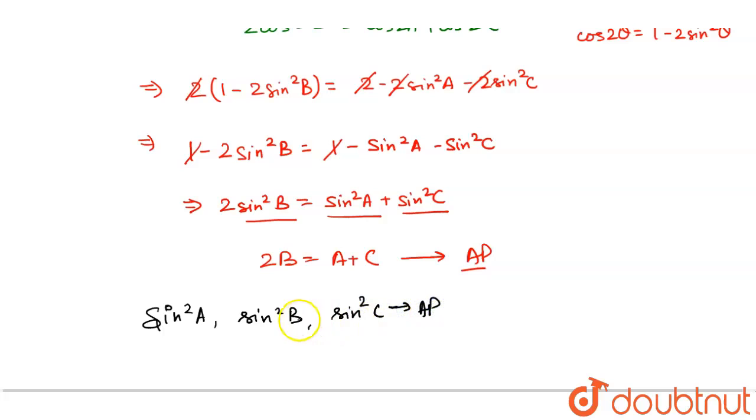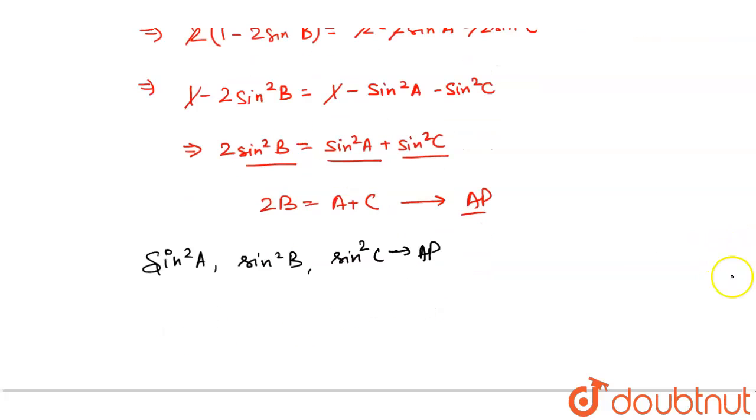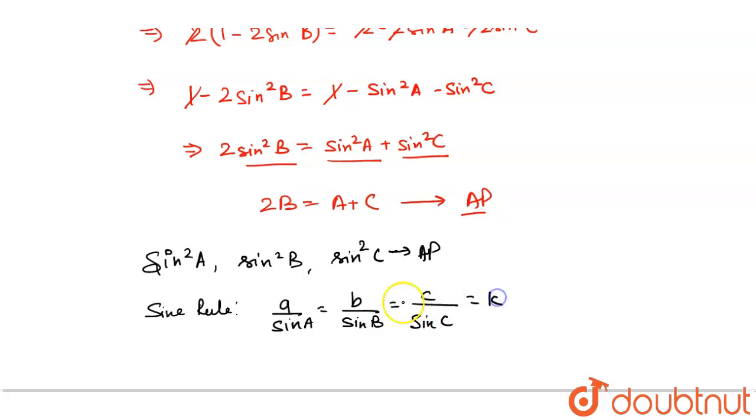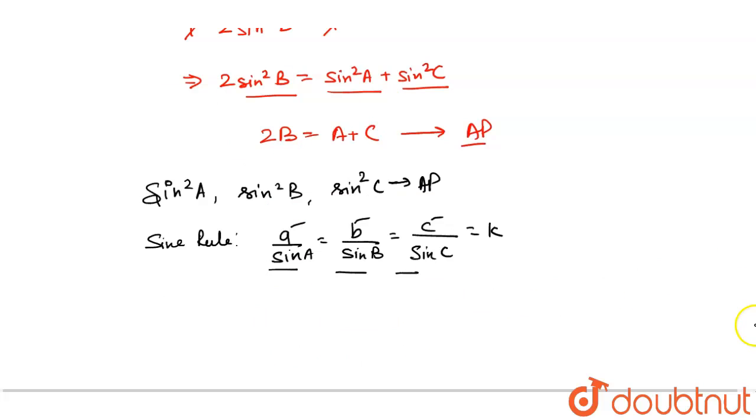If they are in AP, then by using the sine rule, what does the sine rule say? The sine rule says that a upon sin A is equal to b upon sin B is equal to c upon sin C is equal to K. So if they are in AP, that means a square, b square, c square will be in AP as well, or rather a, b, c will be in AP.